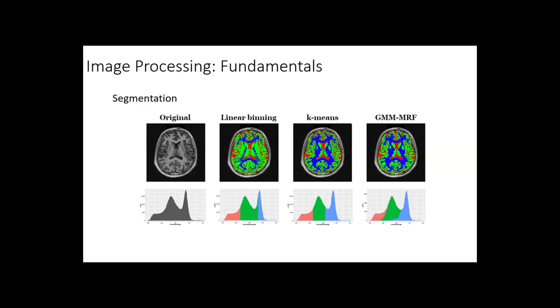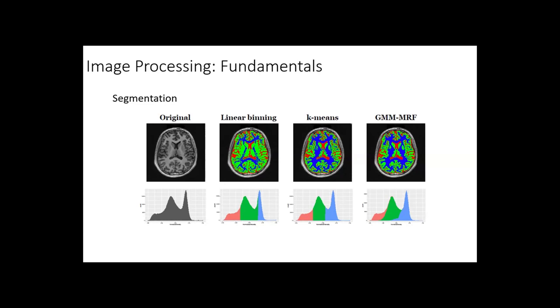It's highly possible we give white matter to this point, and gray matter to this point. Let's say in 2D we have another point, this is also white matter, and this point is gray matter, because they're so close. So if we just use k-means, we still see some sparkles, some isolated points here and there.